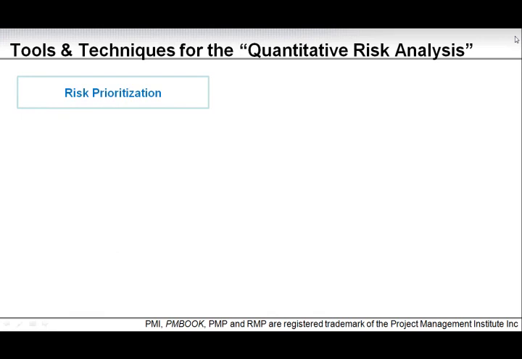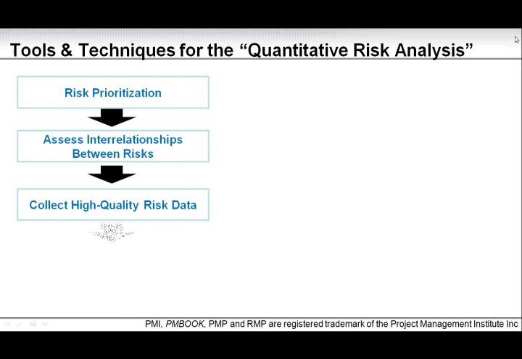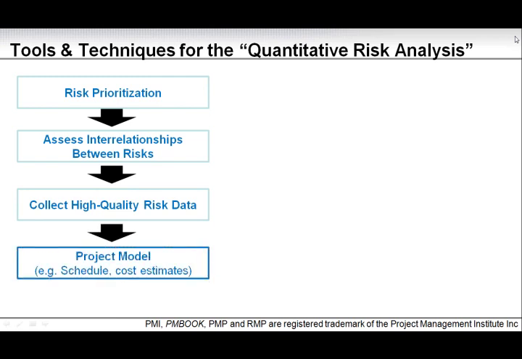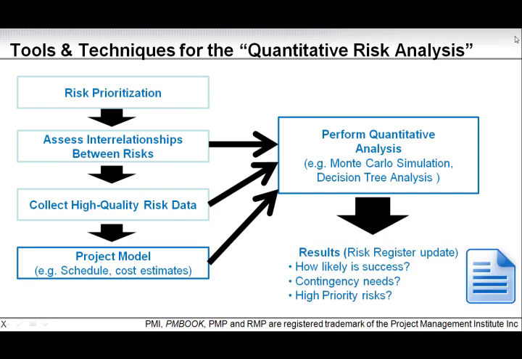So if we look at this in a little bit of a summary chart here. Basically, we had the risk prioritization. Now we assess the interrelationship between risks. We collect high quality risk data. We use a project model, and all of that is what goes into performing quantitative analysis using tools such as Monte Carlo simulation, decision tree analysis, etc. And the output is the result, which will be updated in an updated risk register.